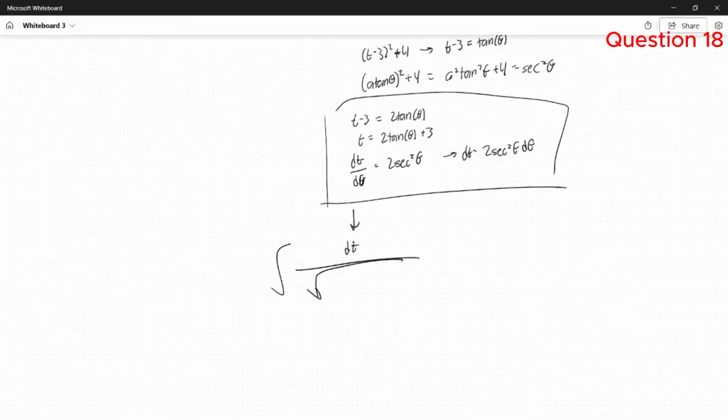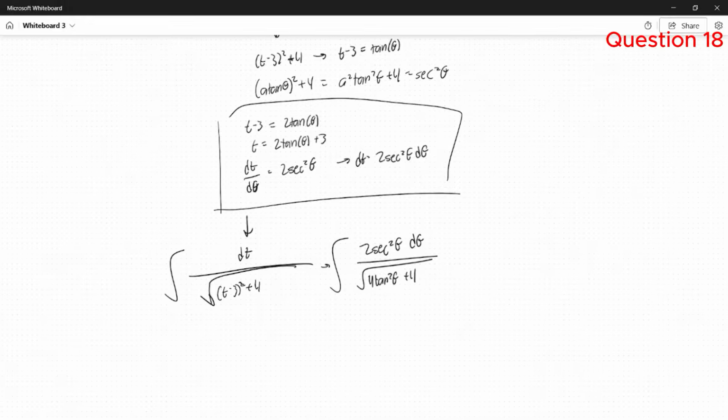We have our original integral here, t squared minus 6t plus, actually, I'll write it in complete square format, t minus 3 squared plus 4. This becomes 2 secant squared theta d theta over the square root of 4 tan squared theta plus 4. You can pull the 4 out of the square root.